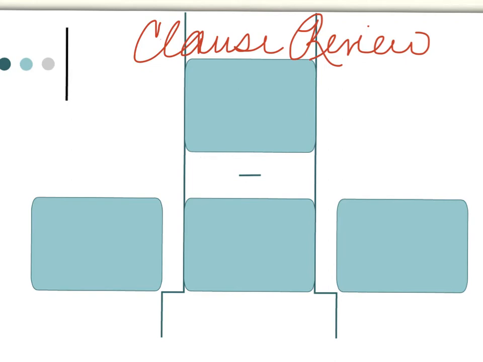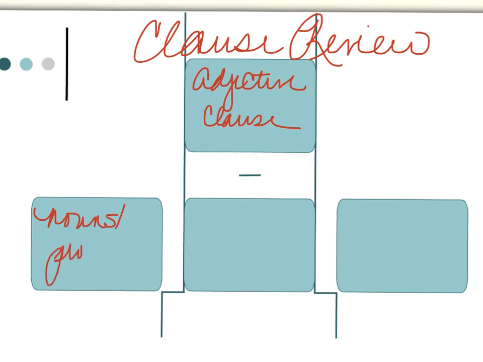As a way of reviewing clauses, we'll begin with the adjective clause. An adjective clause, like other adjectives, modifies both nouns and pronouns. Further, adjective clauses answer the questions which one, what kind, and how many.